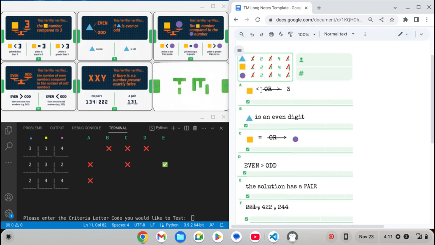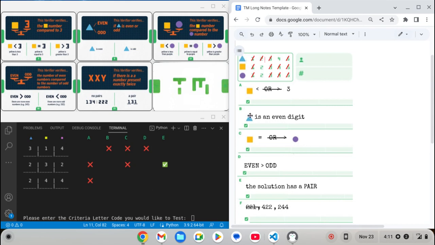And now criteria card A, that square should be less than 3, means that a square cannot be a 4. And that means that a circle can be 4 because they are equal. And because you have a pair and it's square and circle that are paired up, triangle cannot be a 2.